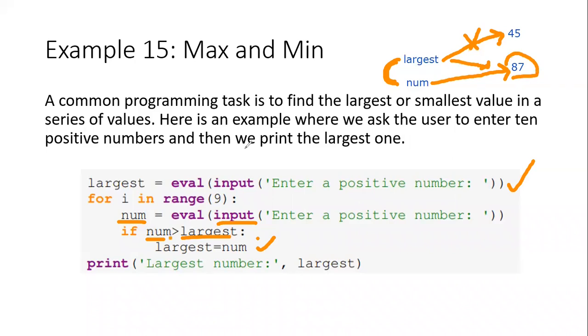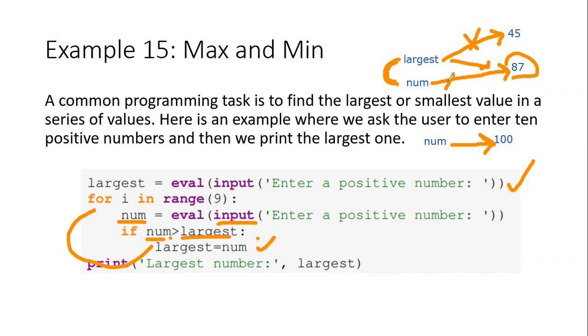Then you go to the for loop again and take the next input. Now the largest is 87. Let's say the next input is 100. The variable num will be equal to 100, not this one.